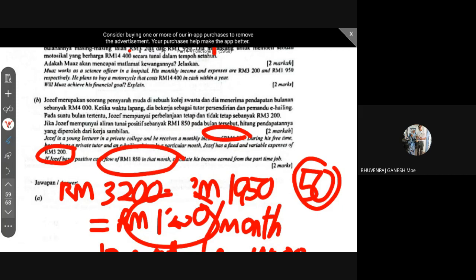Okay, positive cash flow 1,850. Can you explain actually what it means by positive cash flow? How do you define positive cash flow? You can tell short also, no need to be very long.